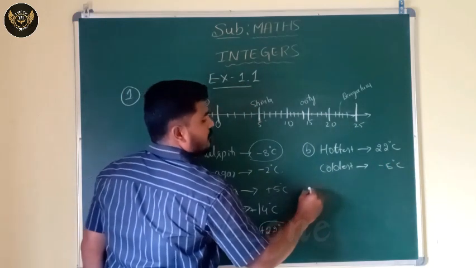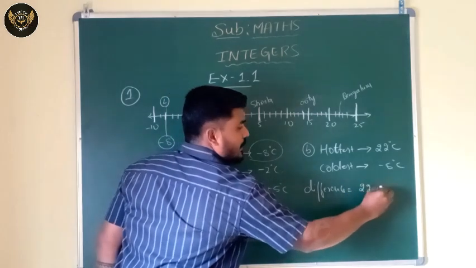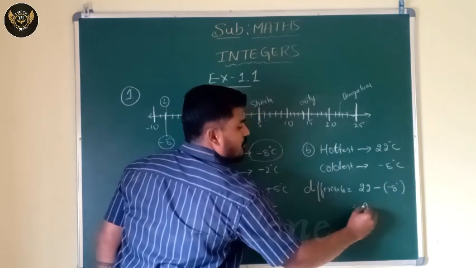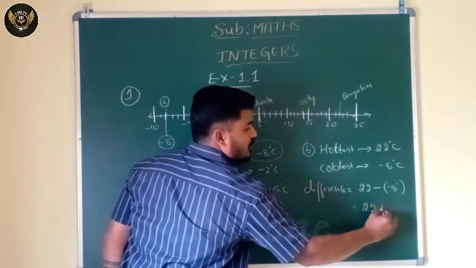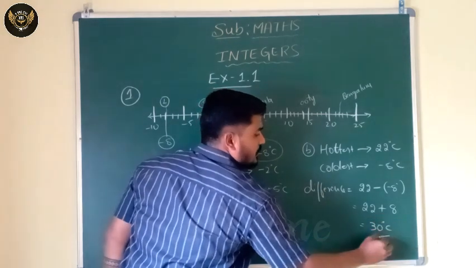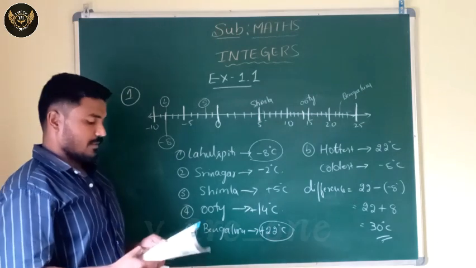We have to find the difference. It is 22 minus of -8. That becomes 22, minus into minus is plus, so +8. That gives 30 degrees Celsius. The difference between the hottest place and the coldest place is 30 degrees Celsius.